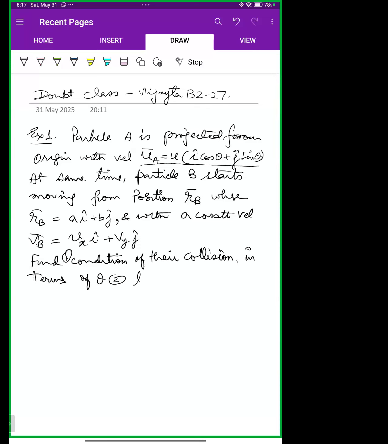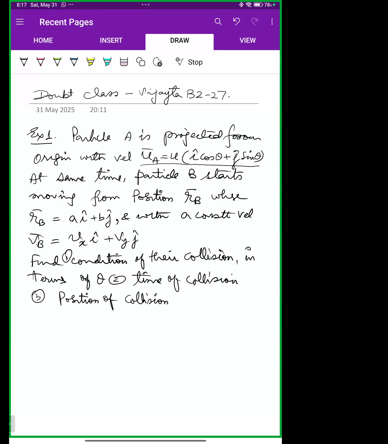Second, time of collision. Third, position of collision. You see, they have tried to make it in terms of theta and such parameters, but actually we have discussed questions like this earlier.